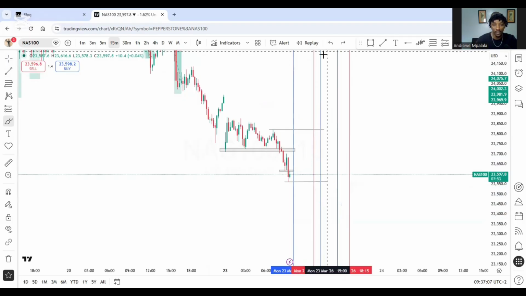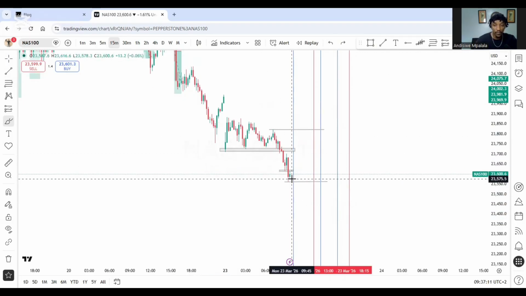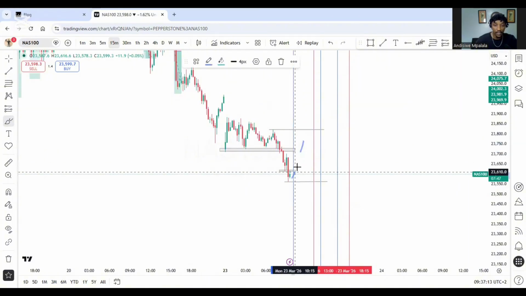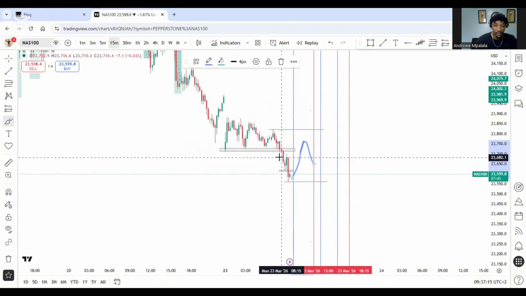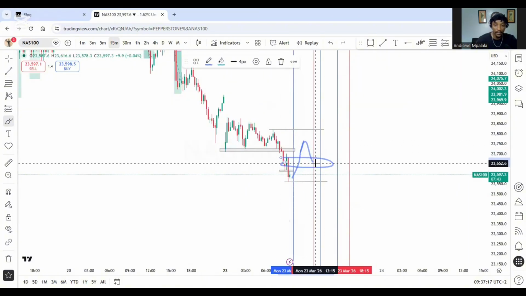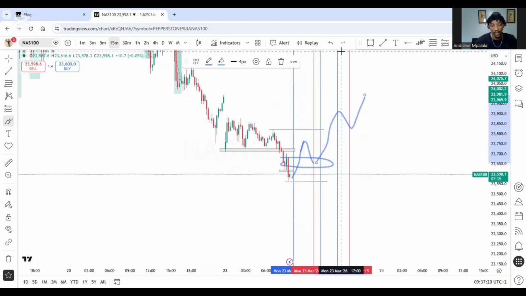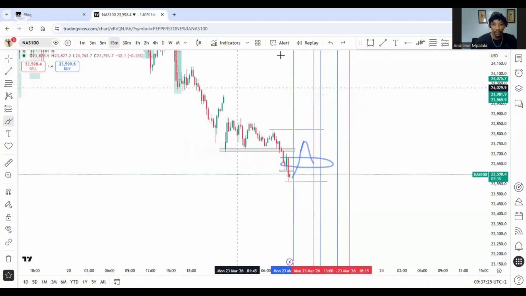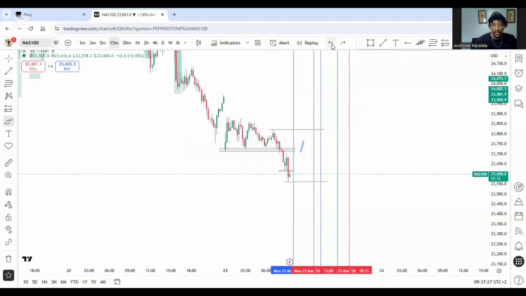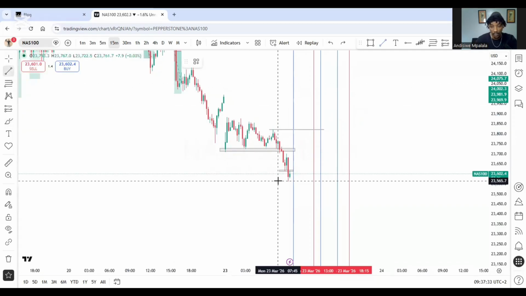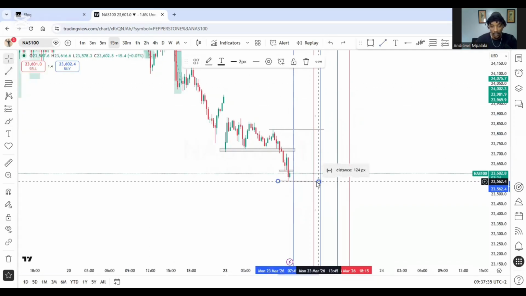That's one of the possibilities that we're looking for. Or price could break to the upside, retest the break, and then continue up. We don't know anything as of yet, and we can only try to interpret what the market is telling us. So we said this was our possible low over here.